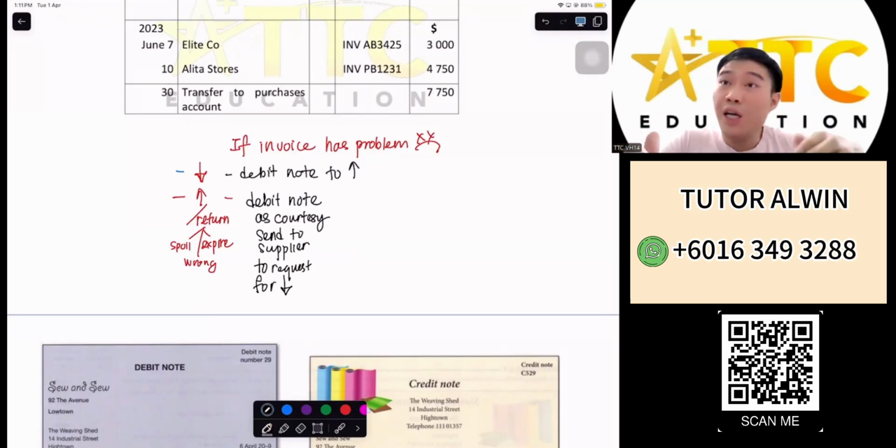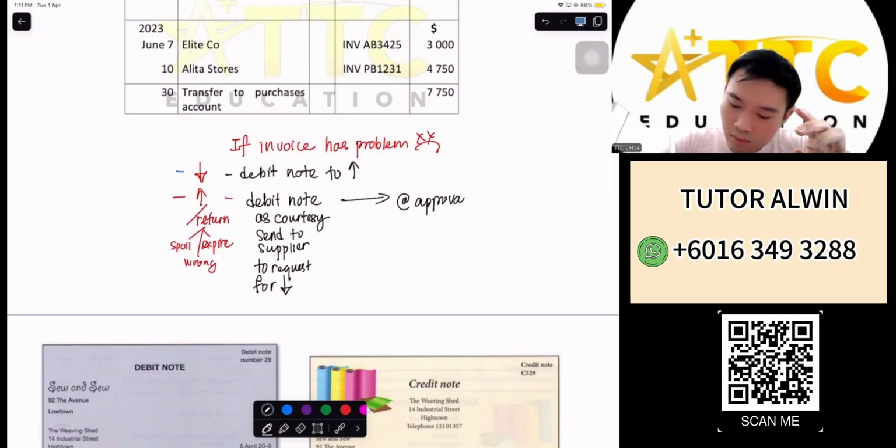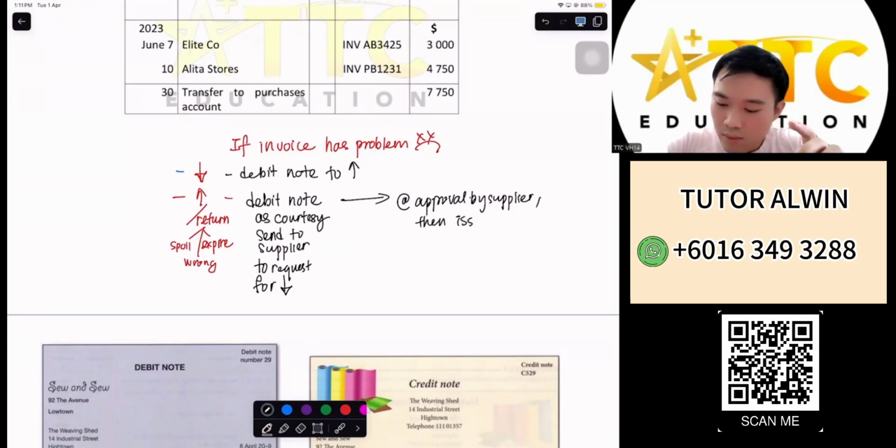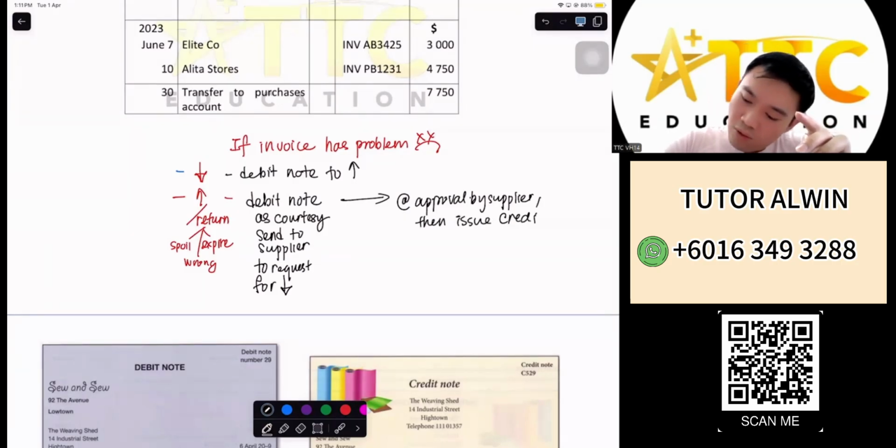Reduction of your invoice, reduction of your debts. Then, upon approval by the supplier, the supplier will then issue a credit note.